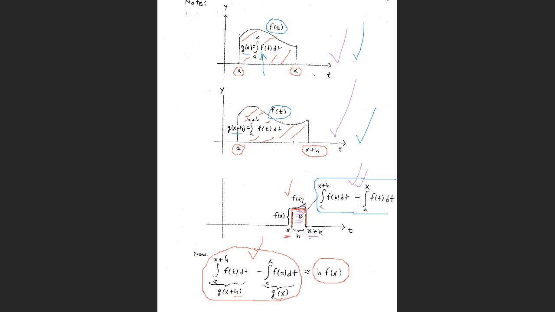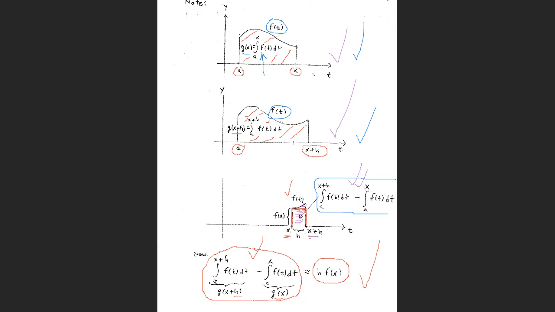All right. So what we have now is g of x plus h minus g of x is approximately equal to h times f of x.